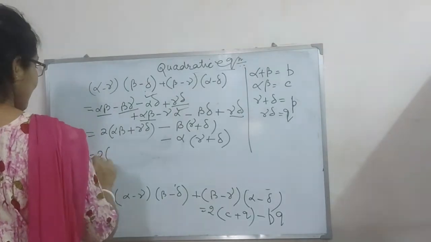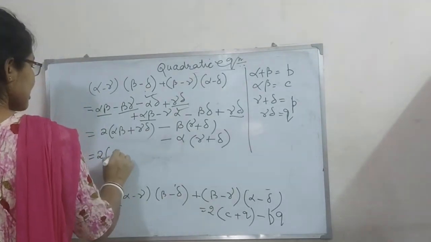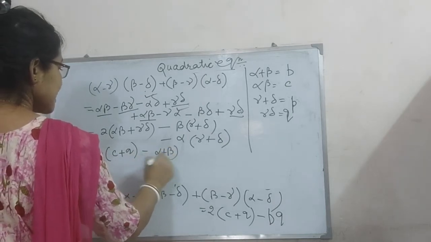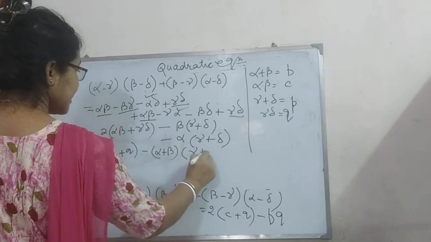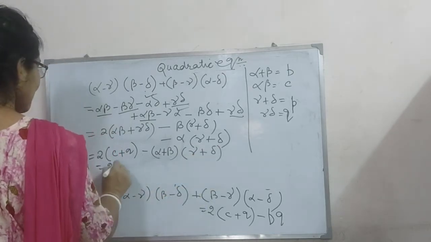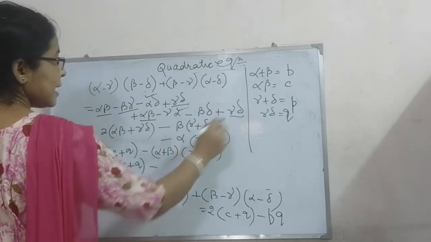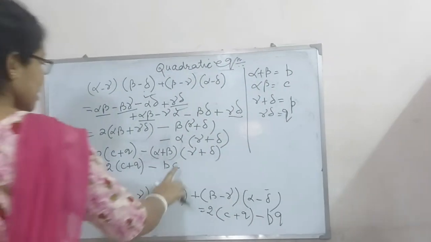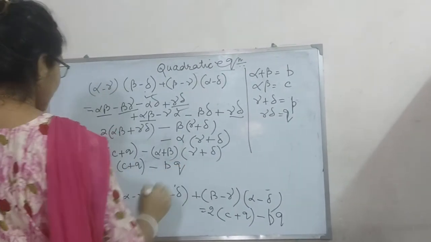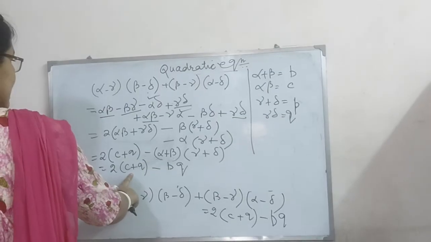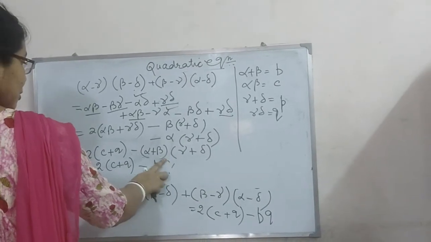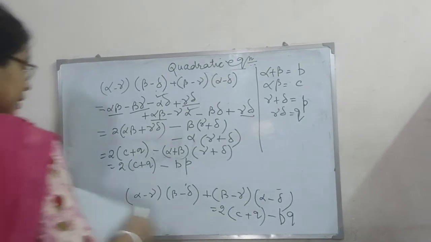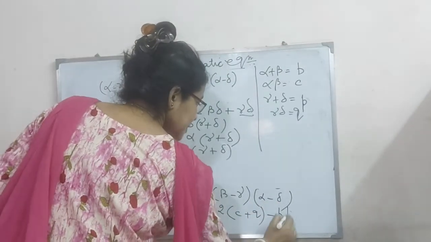This is equal to 2 alpha beta plus 2 gamma delta minus (alpha plus beta)(gamma plus delta), which equals 2(c plus q) minus bp.